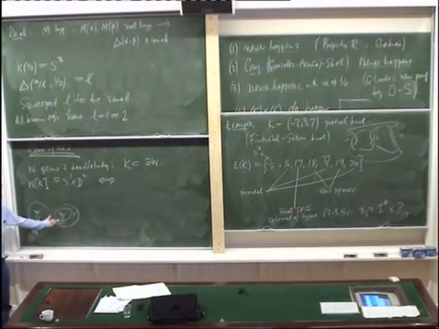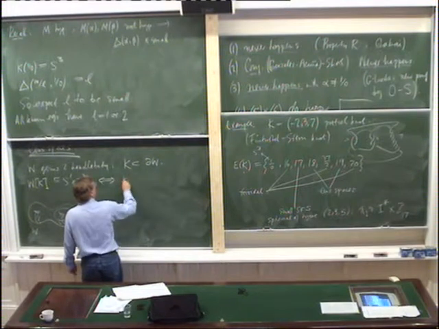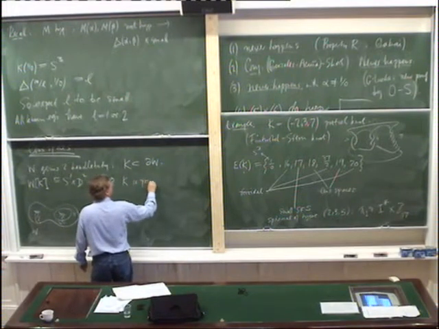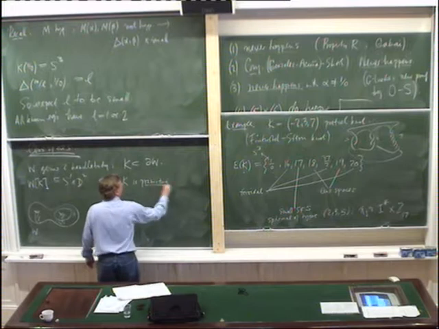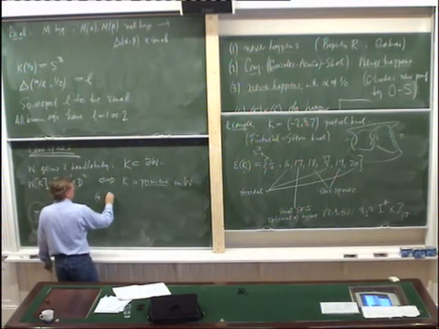You want to get something with fundamental group Z when you kill K. And you can prove that that's equivalent to getting a solid torus. And you can prove that getting Z is equivalent to saying that K is primitive in W.